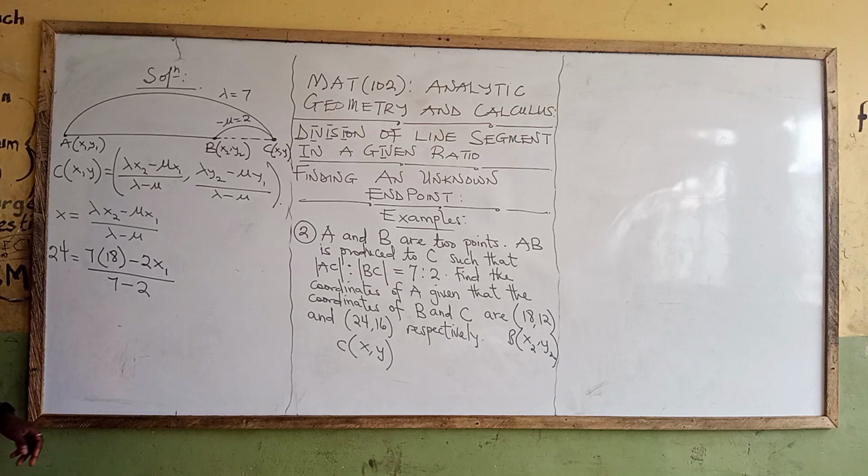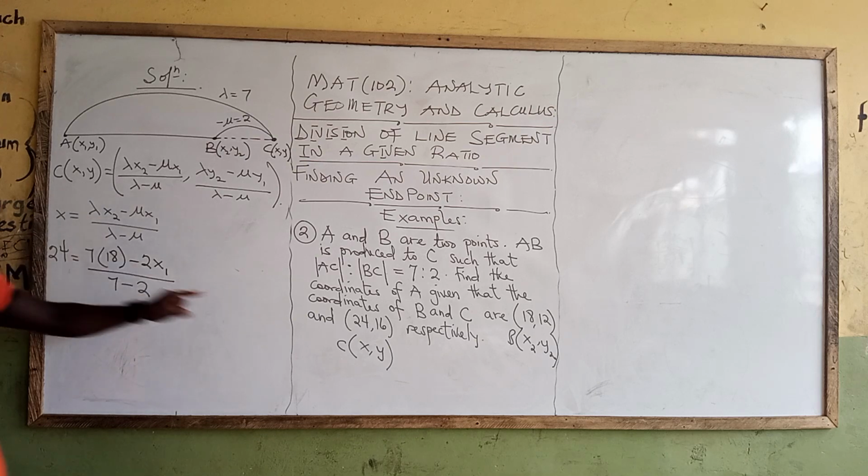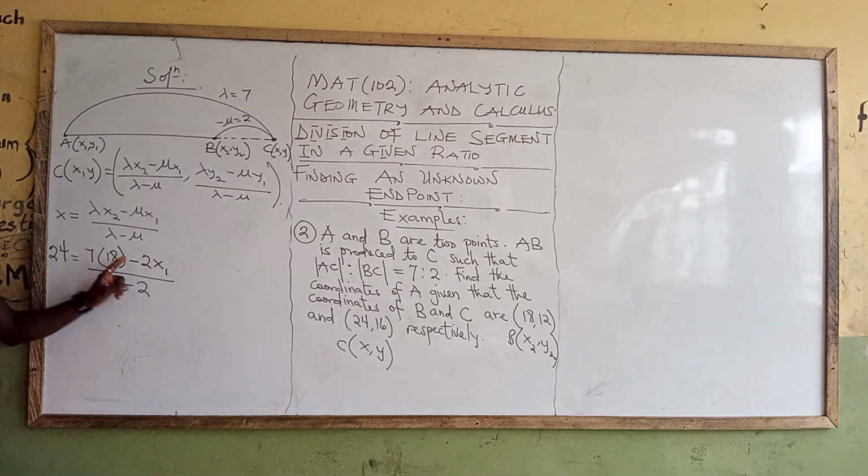So my Y2 is 12. We can say that point X, 24, or lambda 7 times my X2, which is 18, right? Minus mu, my mu is 2. Then I don't know my X1, which is for point A. That's point A is what we are going to find here.